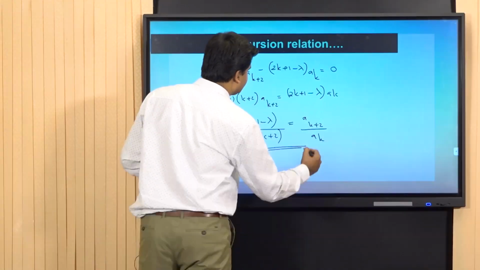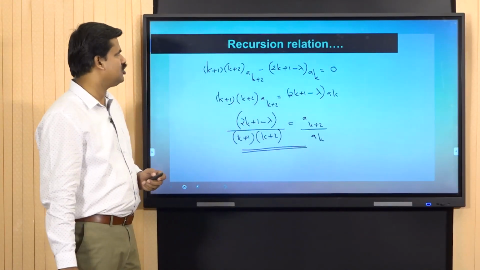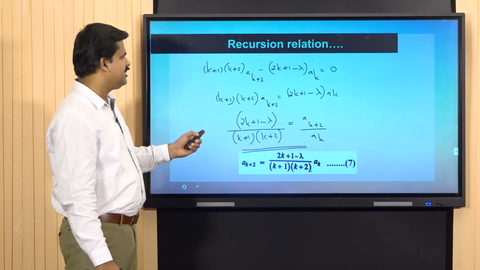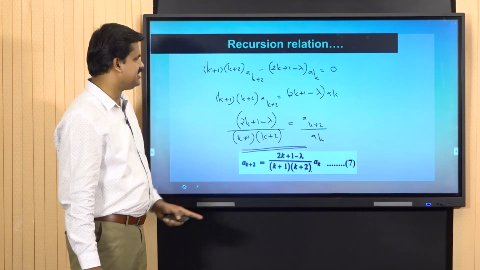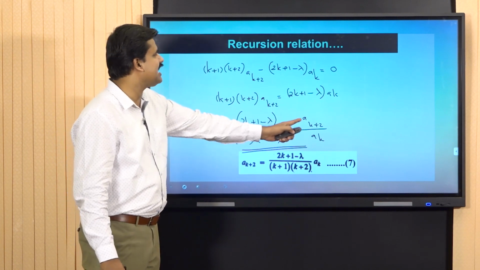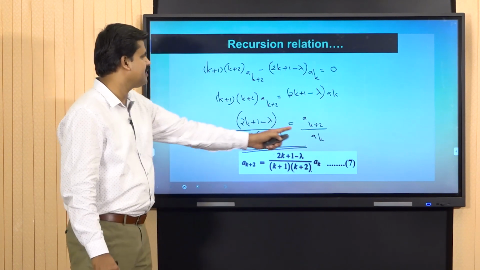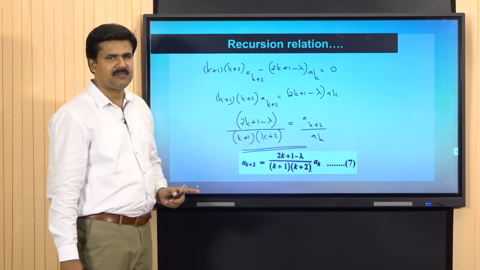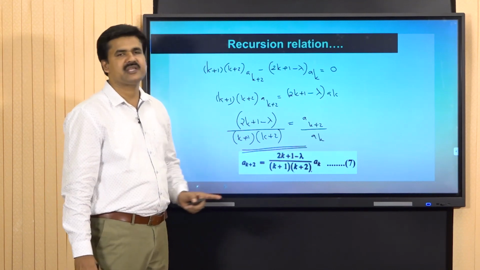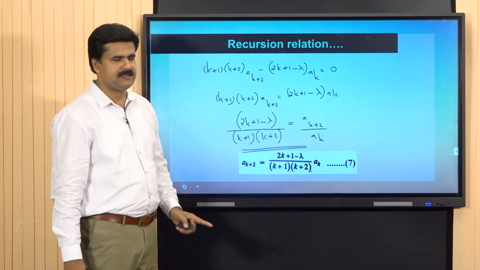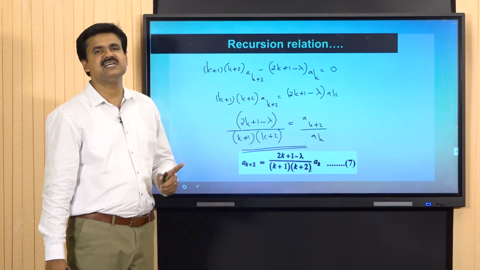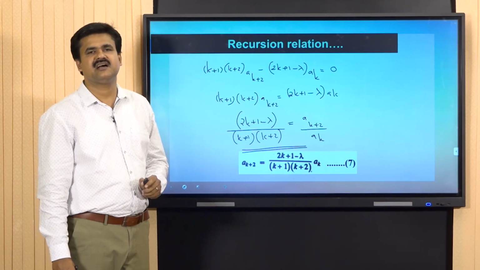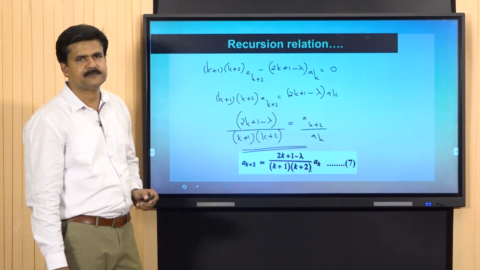This mathematical relation is known as the recursion relation, or by rearranging this, we will get ak plus 2 equal to ak, on cross multiplication, gives 2k plus 1 minus lambda divided by k plus 1 into k plus 2 multiplied with the ak. This is the simplest form of the recursion relation. This mathematical relation is called the recursion relation.